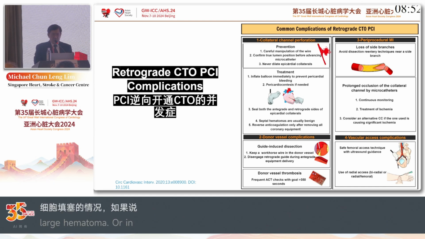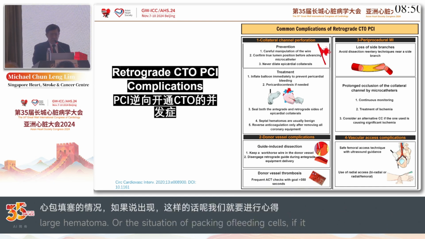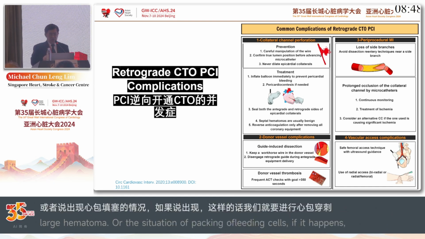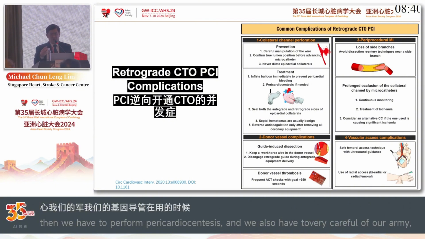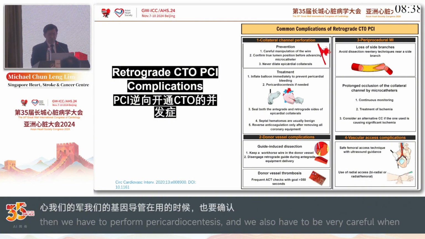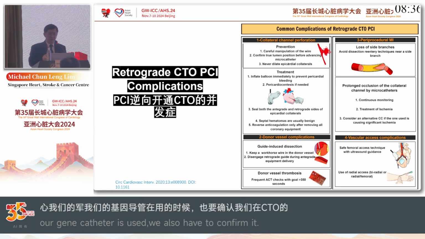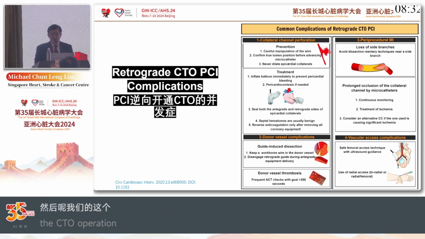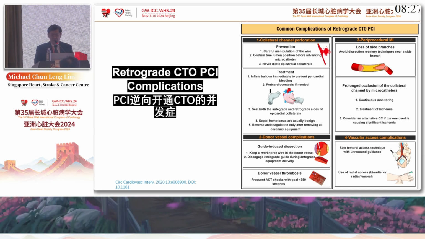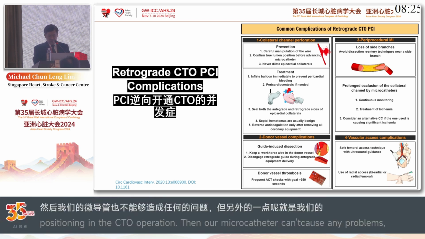You also want to be careful about the donor. So when you're using your guide wire and your guiding catheter, you have to be careful that you are not so engrossed in doing the CTO that you don't position it well, and you get complications with the guide wire and guiding catheter as well. And of course, losing side branches as well. The important thing is not to lose your side branches, and to avoid other complications as well.